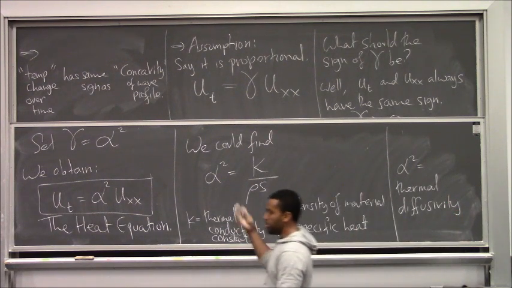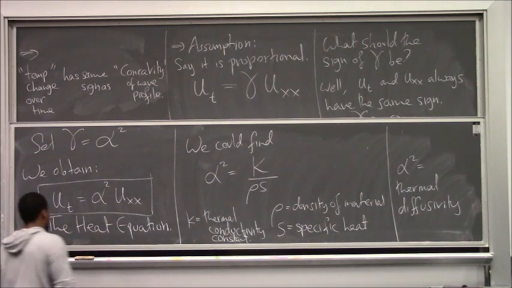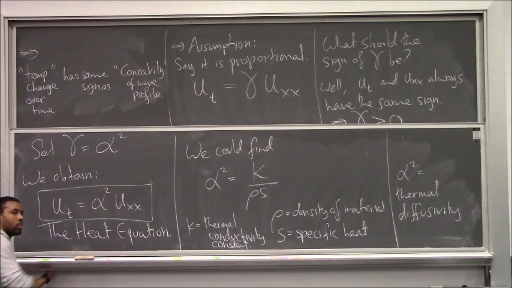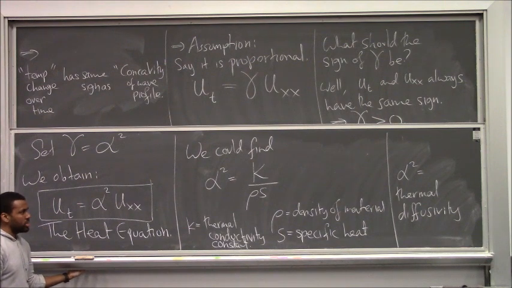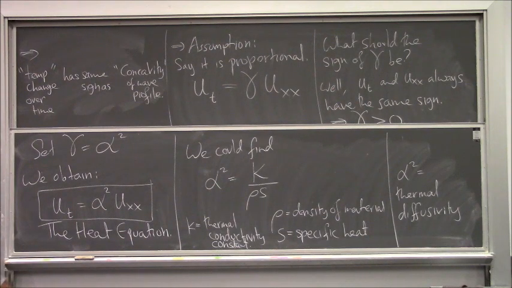You can actually measure this in a lab and figure out what all these things would be. And there are even nicer ways to derive these, but I think this idea of just seeing the picture and realizing, oh, the concavity is always the same as the temperature change, you get this equation, it just makes sense, and then you verify it after the fact. So that's the heat equation.